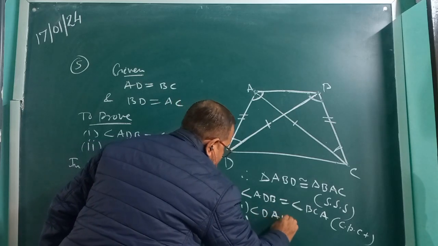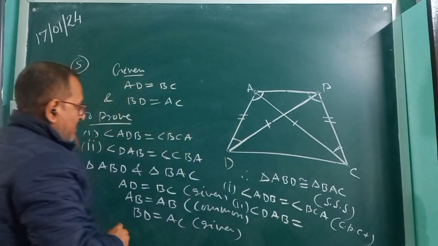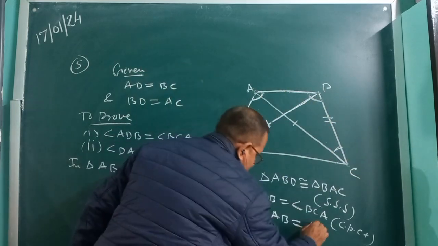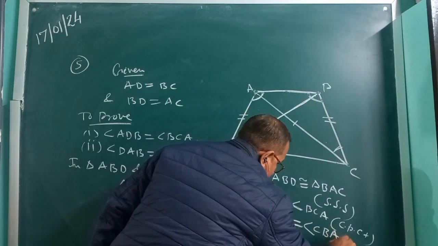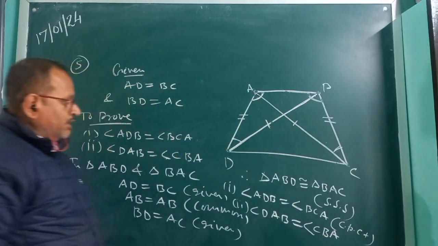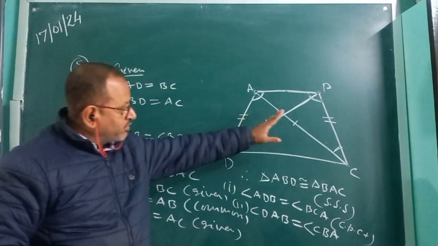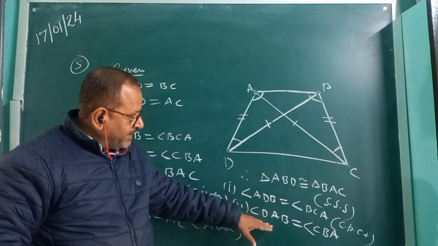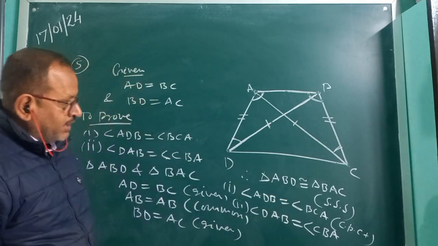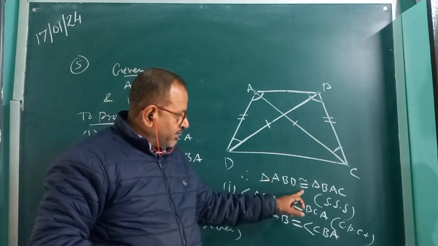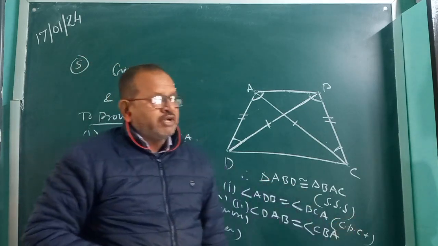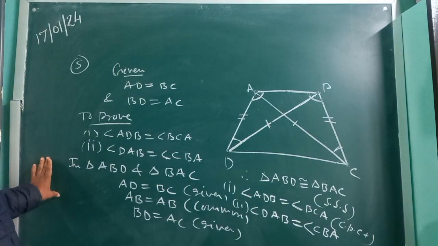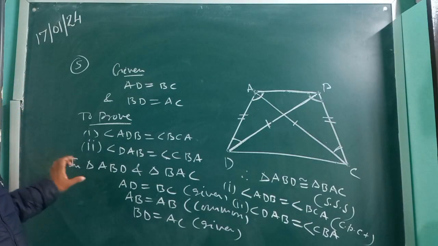Angle DAB will be equal to angle CBA. So firstly we prove these two triangles congruent. After that we write these two corresponding angles are equal, because if two triangles are congruent, then corresponding parts of congruent triangles are equal. So it is question number 5.